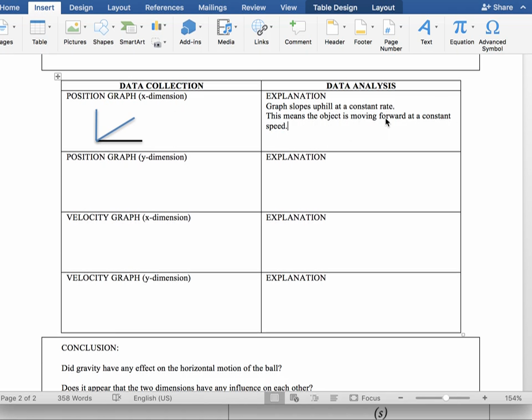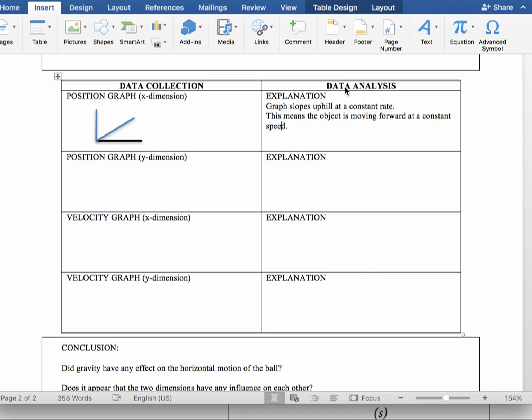I used the word forward because this was in the x dimension. The word forward is associated with horizontal motion. You would never use the word forward if you were looking at a y dimension graph because it's not the correct vocabulary.